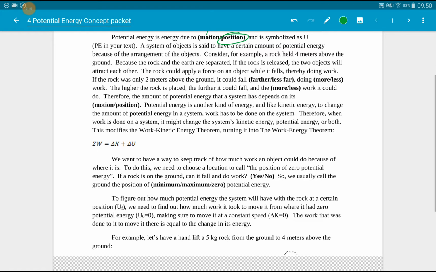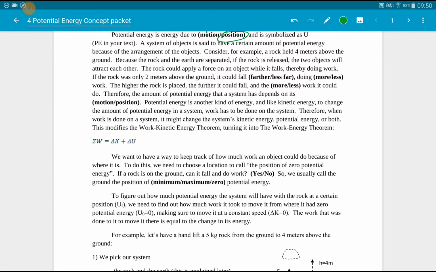The rock could apply a force on an object while it falls, thereby doing work on the object that it's pushing on, maybe. If the rock was only 2 meters above the ground, it would fall less far, and therefore it would do less work. The higher the rock is placed, the further it could fall, and the more work it could do. Therefore, the amount of potential energy on the system depends on its position there.